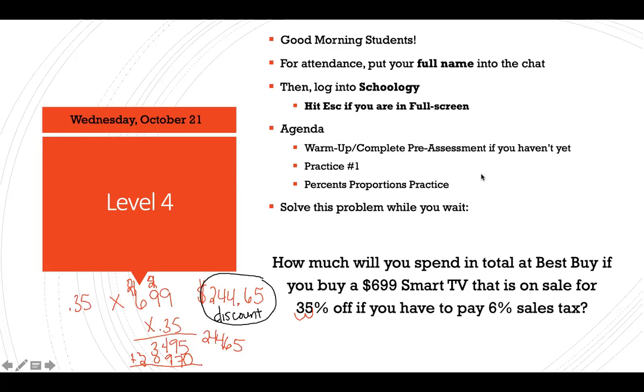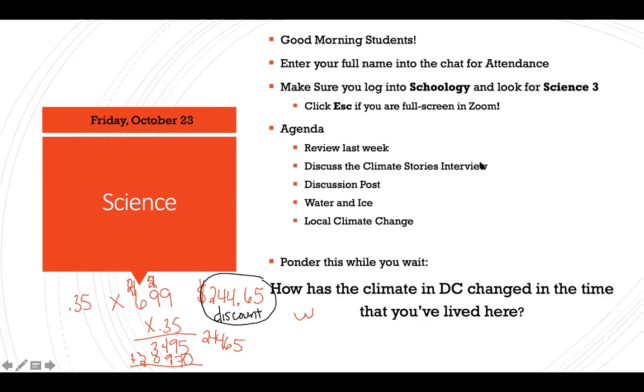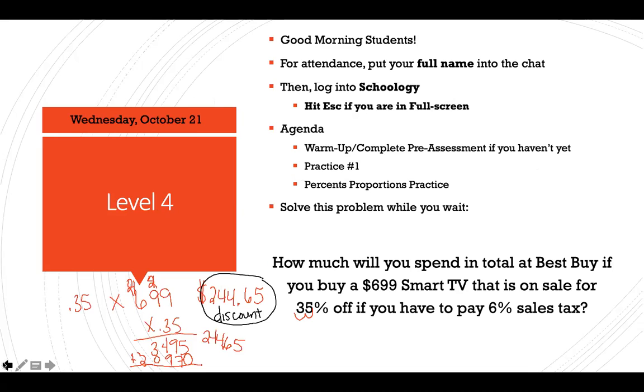So let's do that. I'm going to go ahead and subtract it. I have $699, and I'm going to subtract from it $244.65.